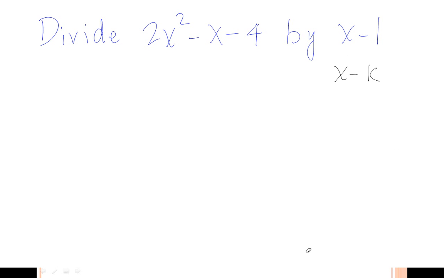So notice here that k is the 1 because we already have the minus sign here. So k is 1 and x is x. So k is what you'll put in the box. So the opposite of what you see is basically the easiest way to look at this. You see minus 1, but you're going to put a positive 1 here.